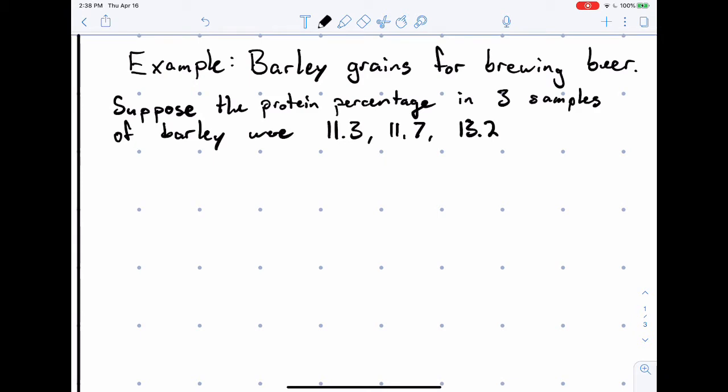All right, so we have to ask, are these approximately normally distributed? We have to verify this. So we can plot our data points on the line and see where they show up. 11.3 lands about right here, 11.7 right about here on the plot, and 13.2 lands over here.